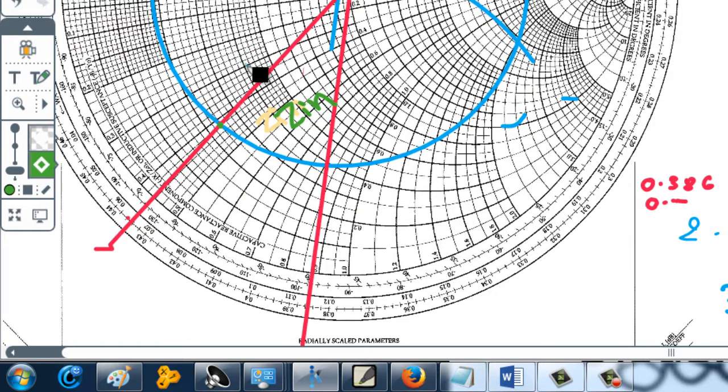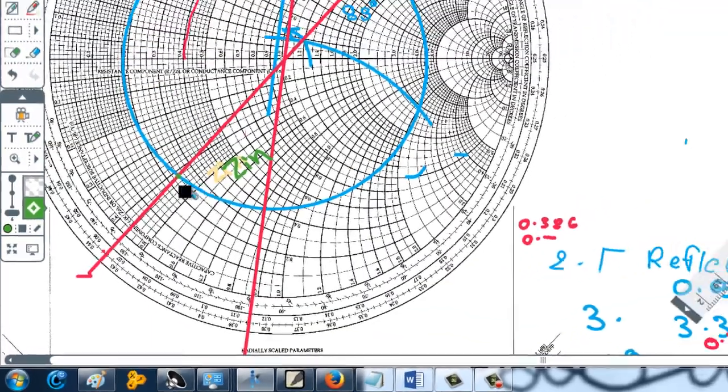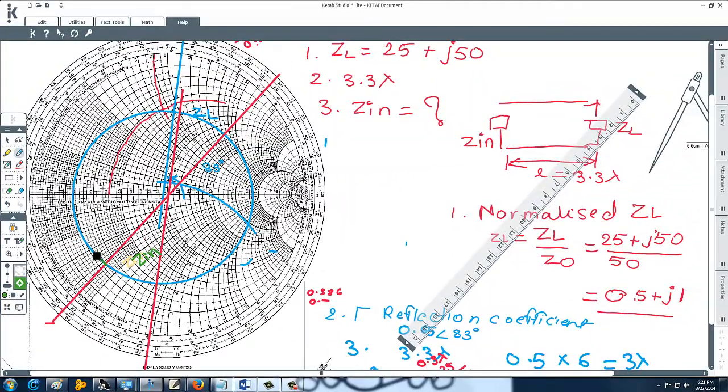You can see here this is the resistance circle. Move towards this resistance circle and you get a value around 0.2.